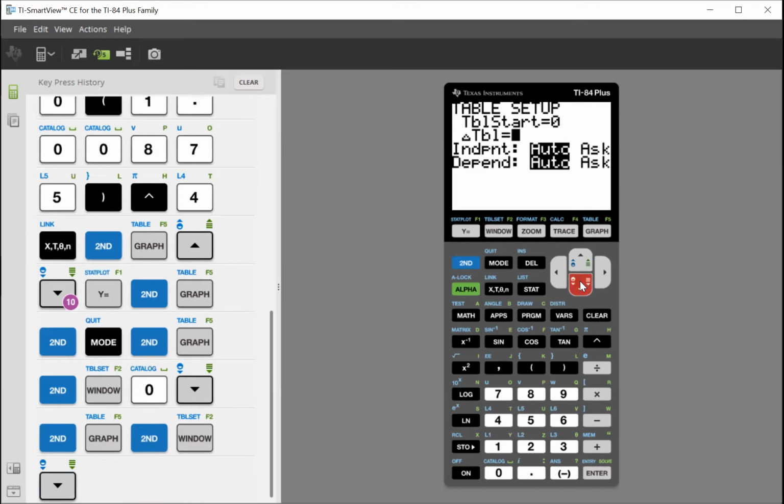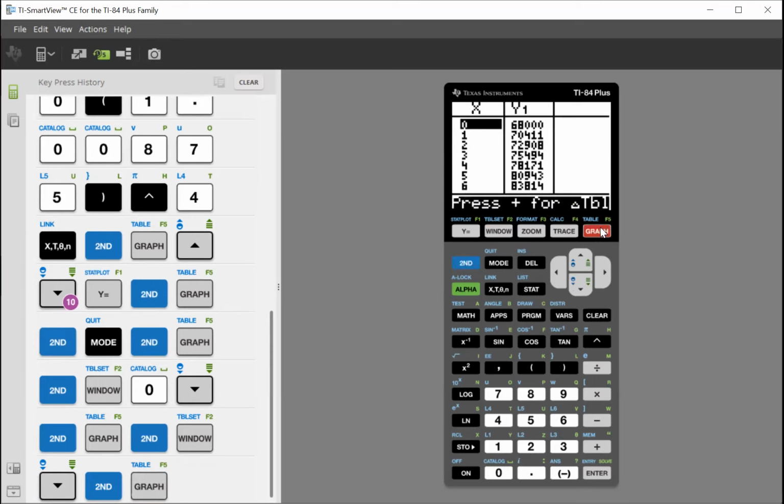And then arrow down, and triangle table needs to be set at 1. Okay, mine fixed. Thank you. Now hit the blue button and the graph button to pull up your table. Mine's still doing the same thing. I don't know, that's the only way that I know to set the actual table. Yeah, we'll have to mess with that after class.